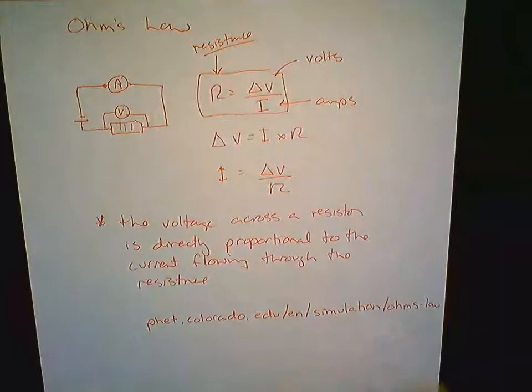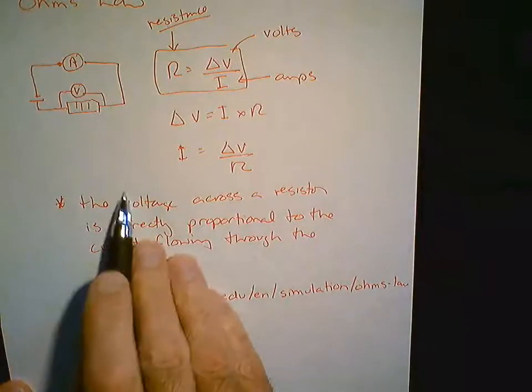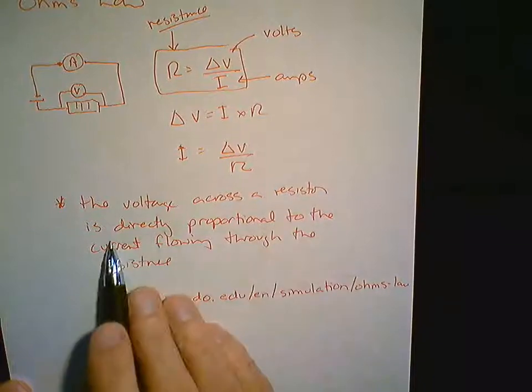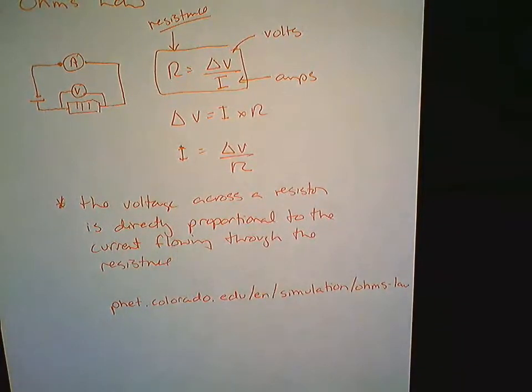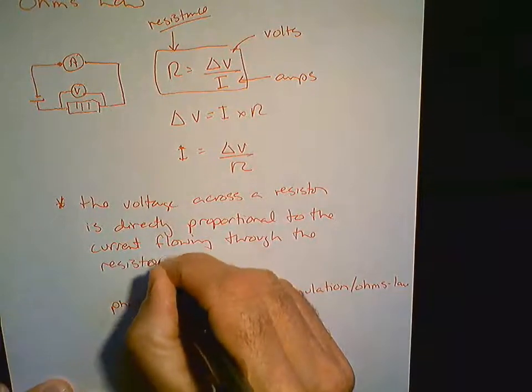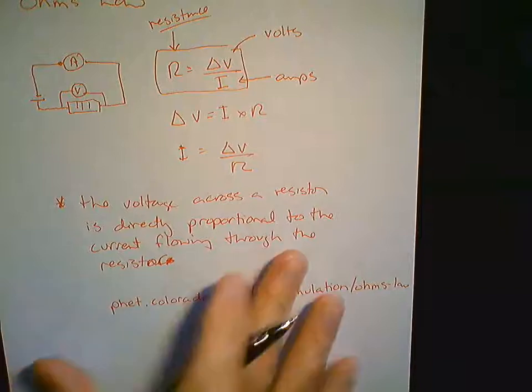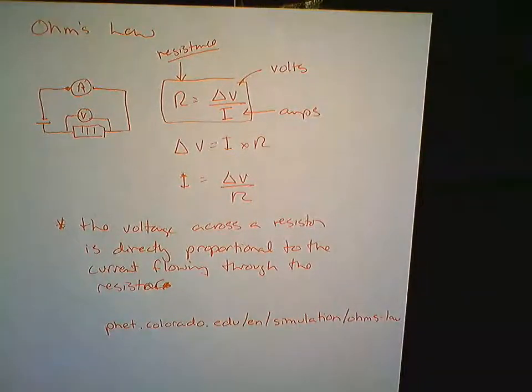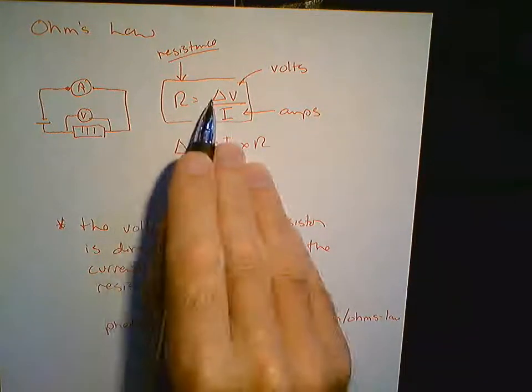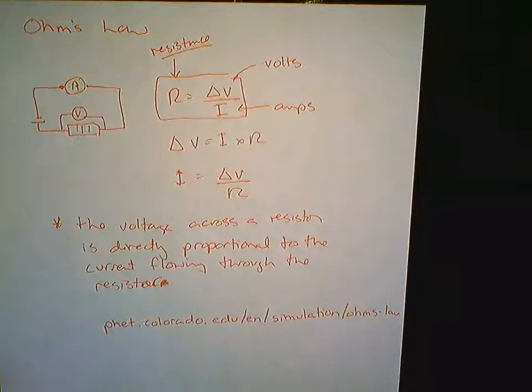Now, the third thing you must be able to do is manipulate the formula for Ohm's Law. Ohm's Law states that the voltage across a resistor is directly proportional to the current flowing through the resistor. So in an Ohm's Law type question, you have a very straightforward formula: resistance equals voltage over amps.